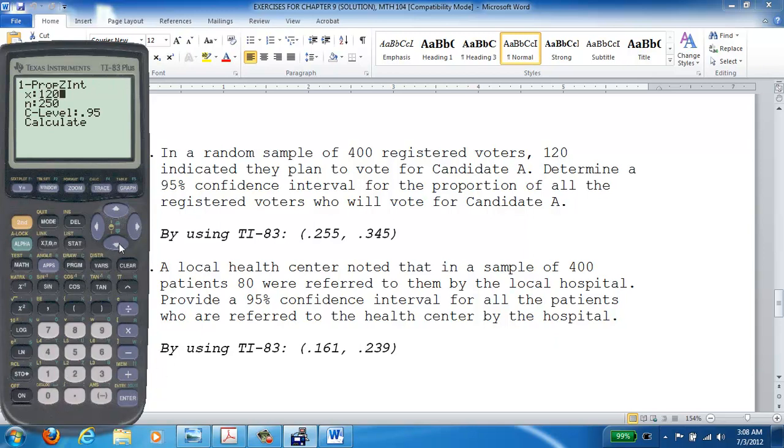N is the sample size, which is 400, and then 95%. And we click calculate. So 0.255 to 0.345. That means the confidence interval will be from 25.5% to 34.5%.